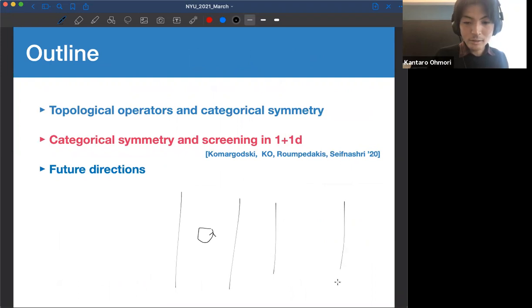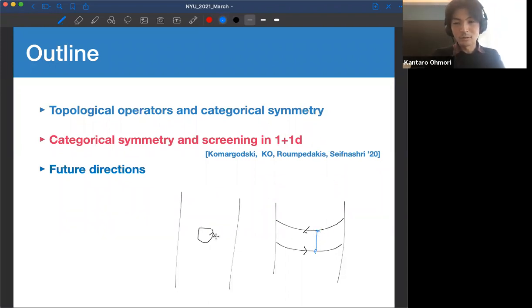In the invertible case, you can make this larger and larger and get something like this configuration. But in the most general case, you can get this kind of structure, like there'll be a junction with another line.